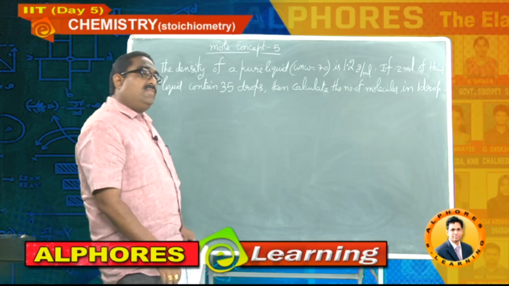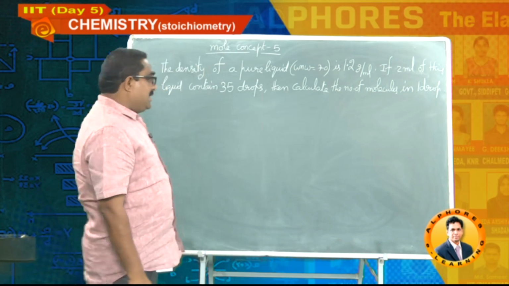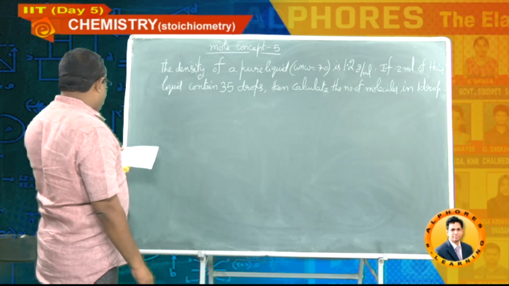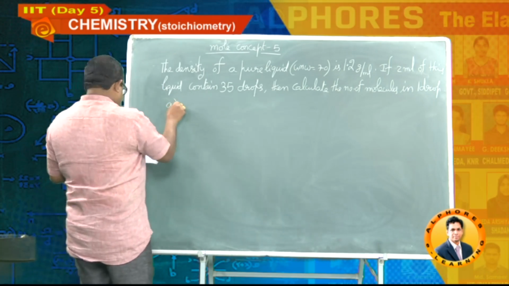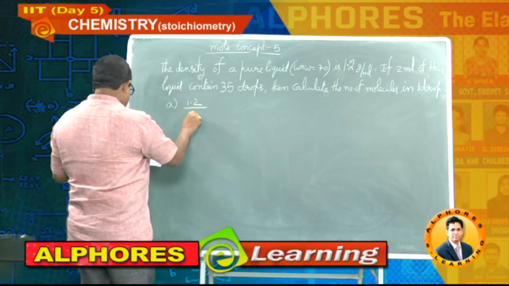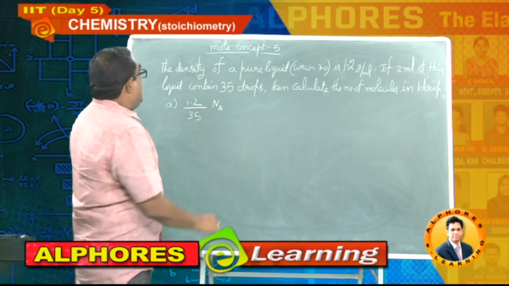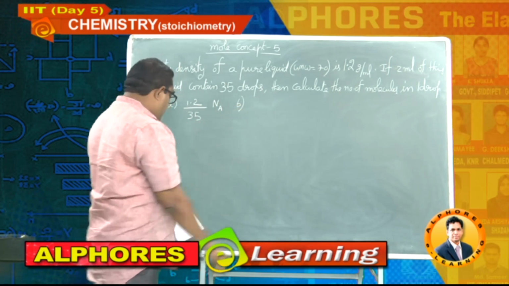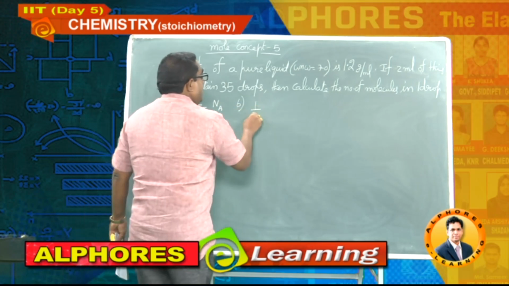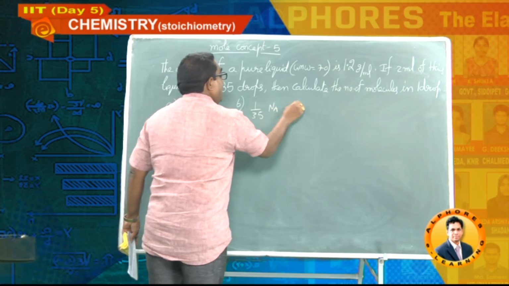For this question, students, I am also giving the options. You please note it down. A: 1.2 divided by 35 into Na. B: 1 by 35 into Na.